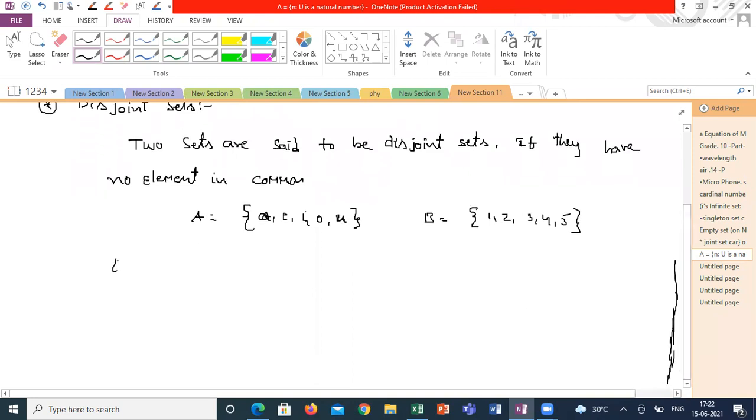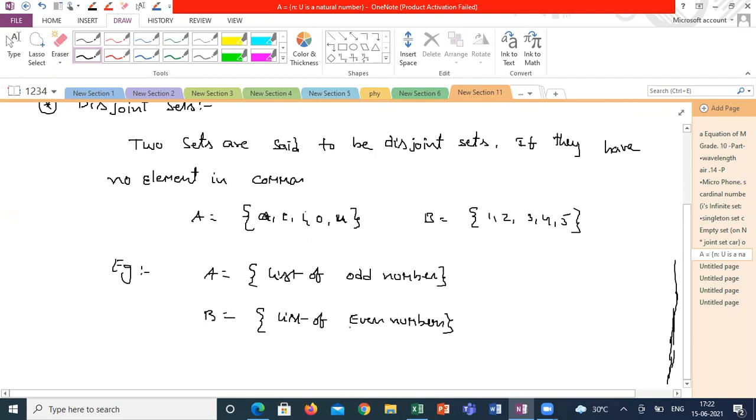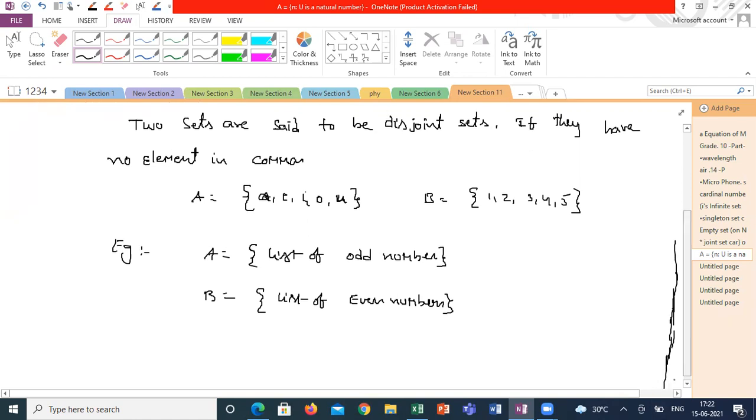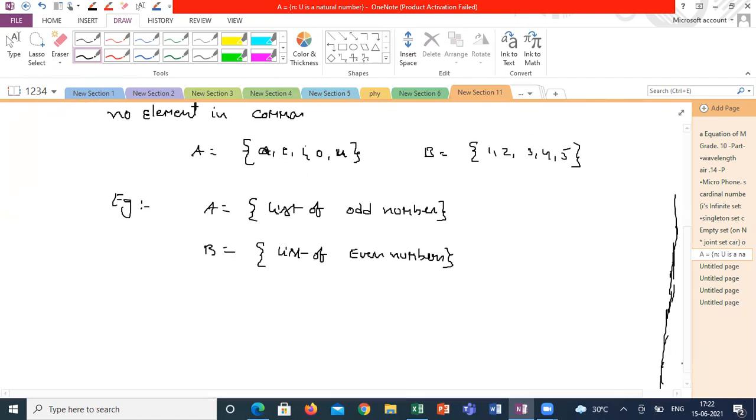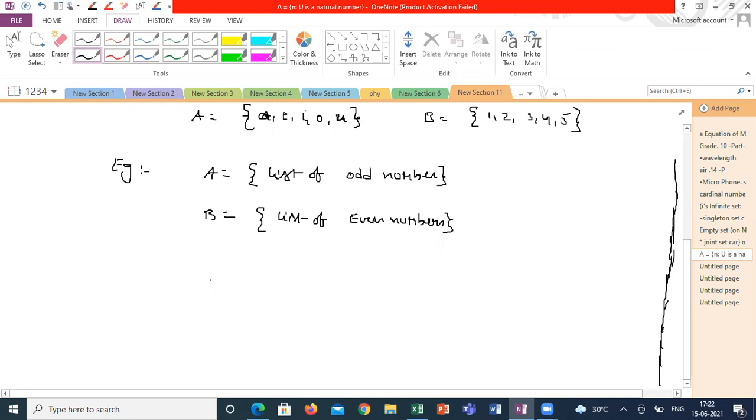Any other examples? Set of odd numbers and set of even numbers. Yes, A is the set of odd numbers and B is the set of all even numbers. So the set of odd numbers and the set of even numbers are also disjoint sets. Any other examples, guys? Set of rational numbers and set of irrational numbers. Super.